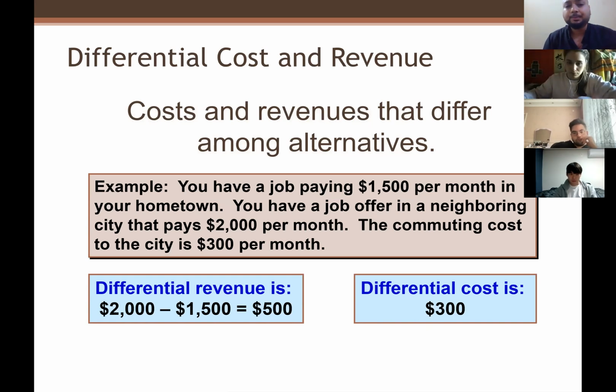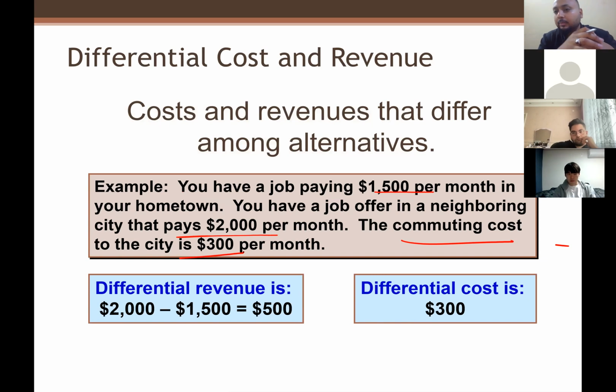So example here, you have a job paying 1,500 a month in your hometown. You have a job offer in a neighboring city that pays 2,000, but the commuting cost is 300. So you have two alternatives, right? One is paying you 2,000, one is paying you 1,500. What is the difference? 500.